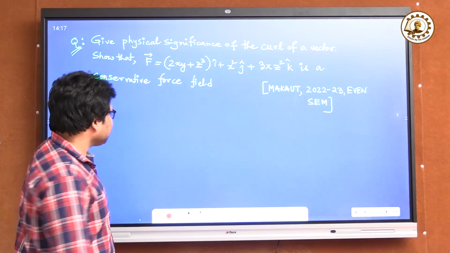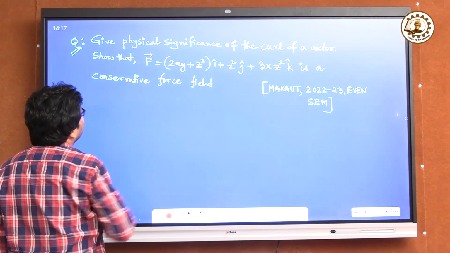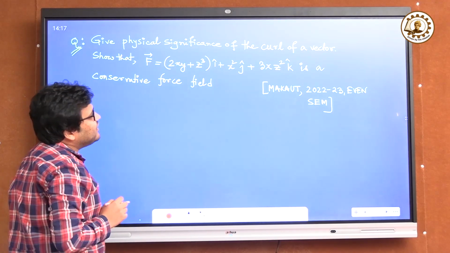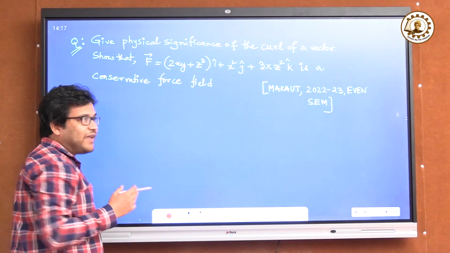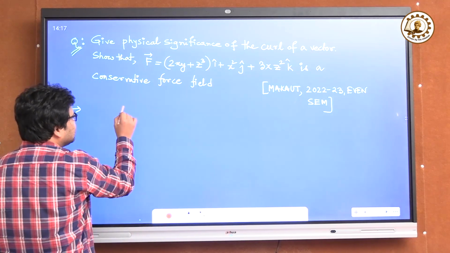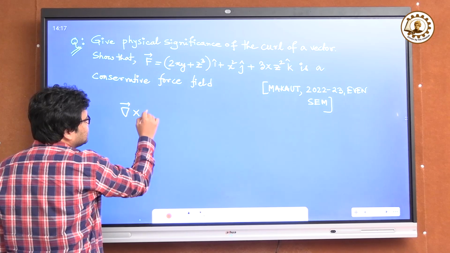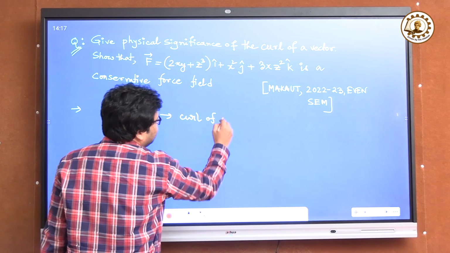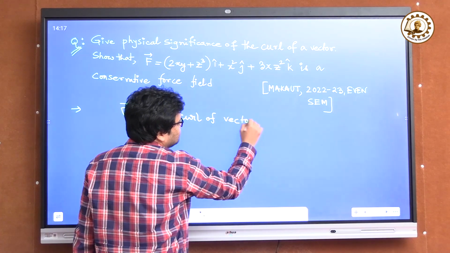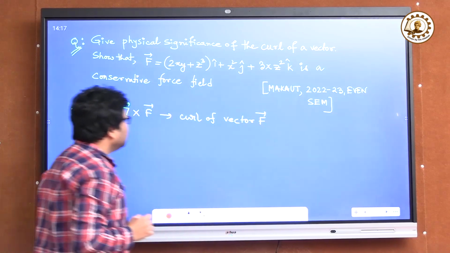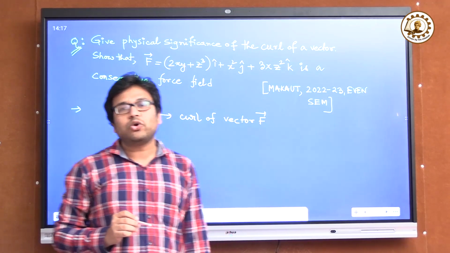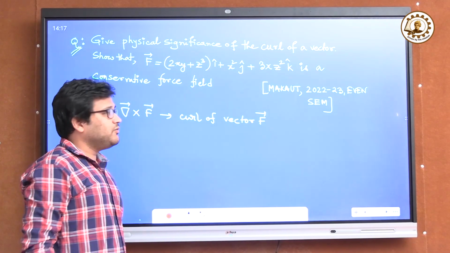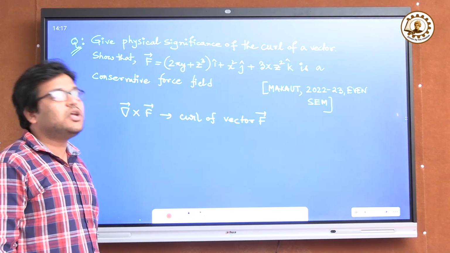So let's start. To solve this problem, we have to give the physical significance of the curl of any vector field. The curl of any vector field F is defined as del cross F. It represents the curl of vector F. Curl represents the rotational tendency of any vector field F at a particular point.